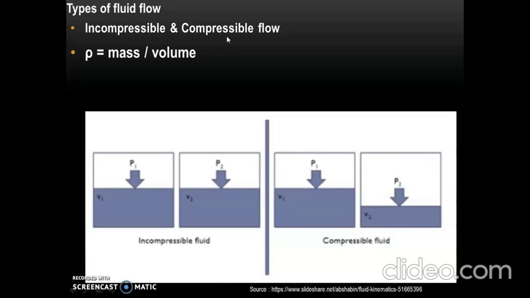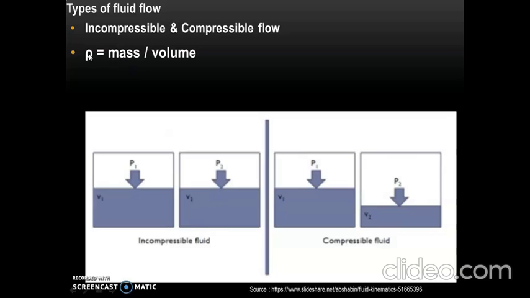Next is incompressible and compressible flow. Here in this figure, let us consider that there is a liquid in a container and its mass is m and volume is v. After application of load P2, we observe that there is no change in volume of the liquid, and let us also consider that the mass hasn't changed.